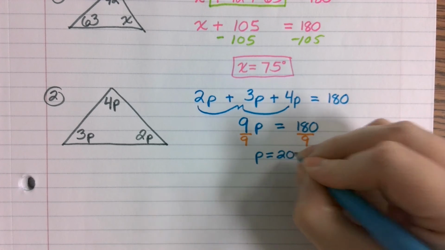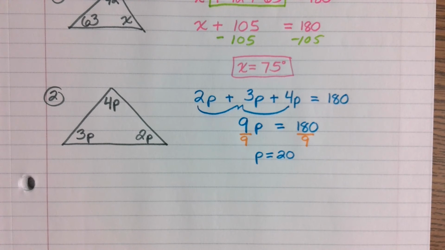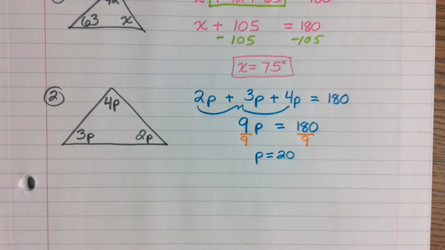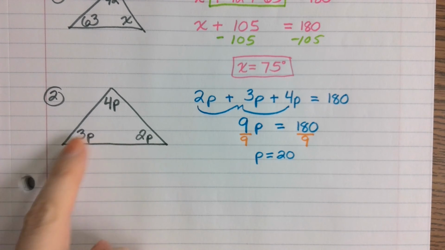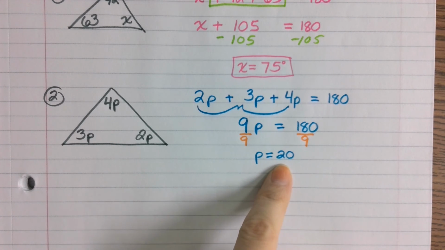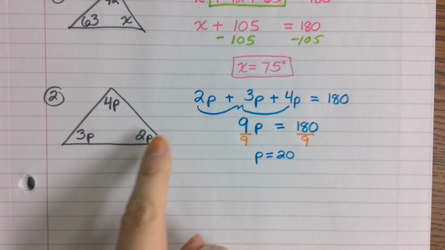Now, I solved for p, but what if the question was asking me, what are all the angle measurements? Are all of these angle measurements 20? No. My answer is not done. Can I figure out what each of these are? By doing what? By multiplying by 20. It's called substitution.